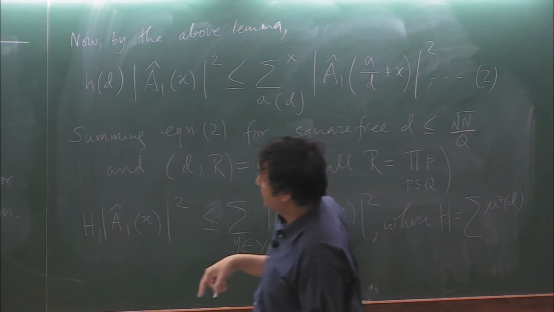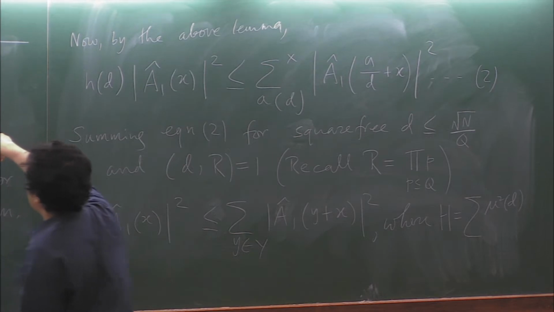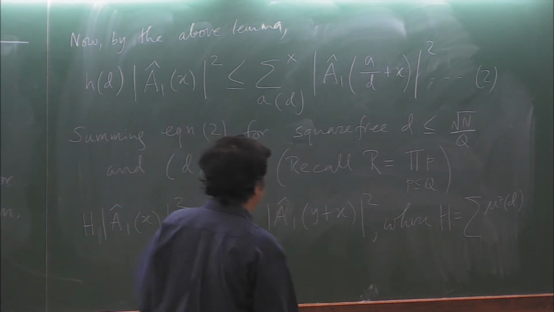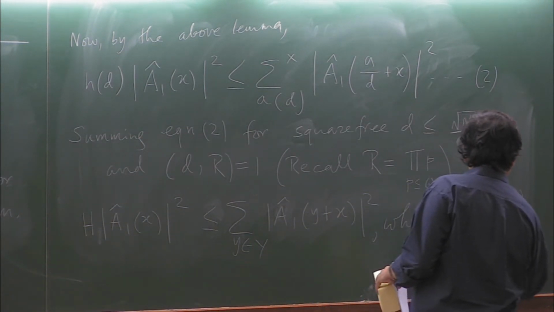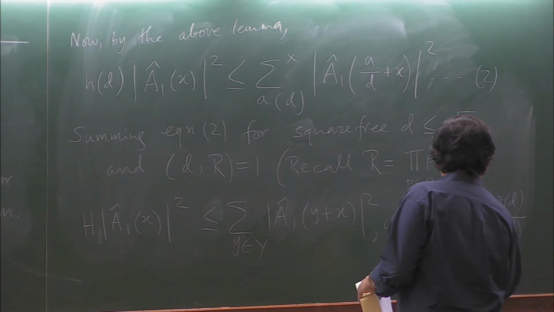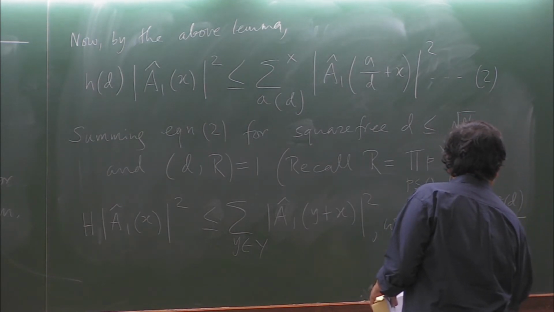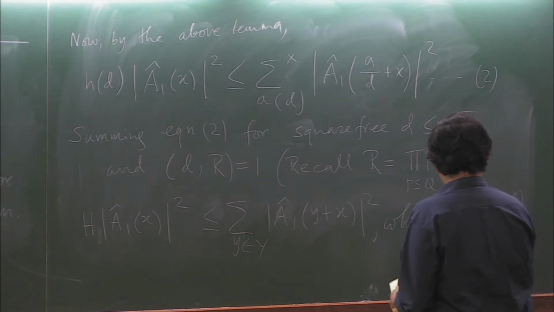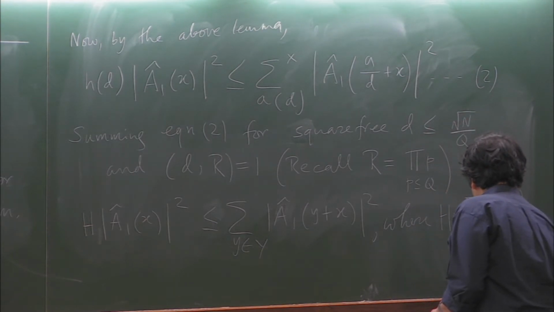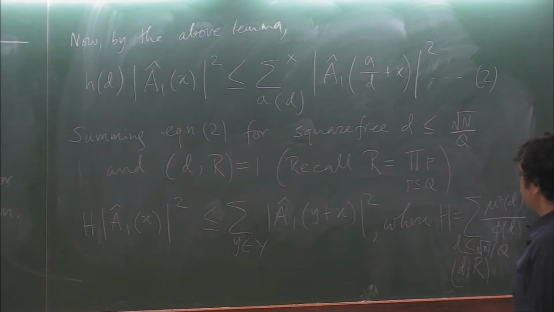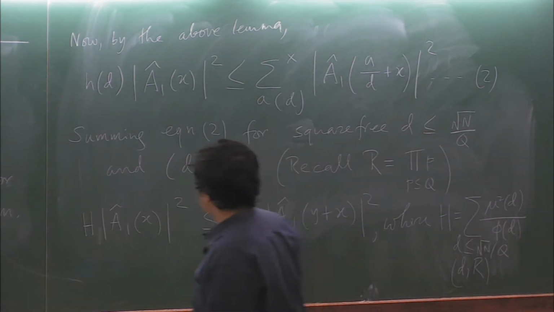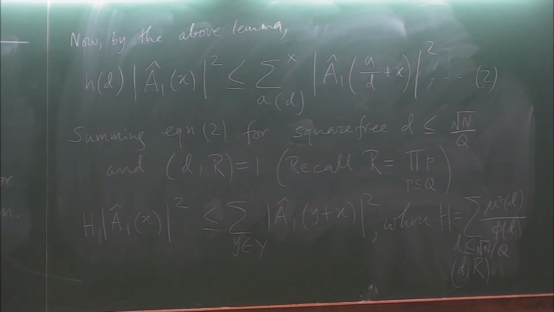At the primes it's 1 by phi of p, it's multiplicative, so it's 1 by phi of d, and d is running up to square root n by q, and d is coprime with r. Okay, so we are almost there.